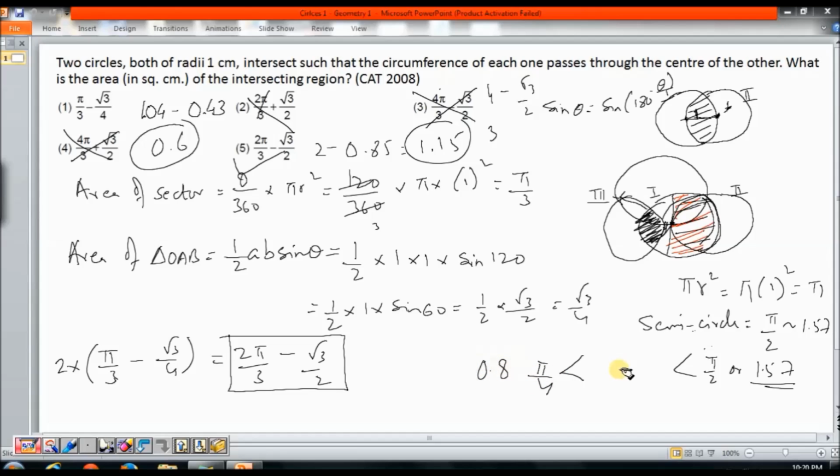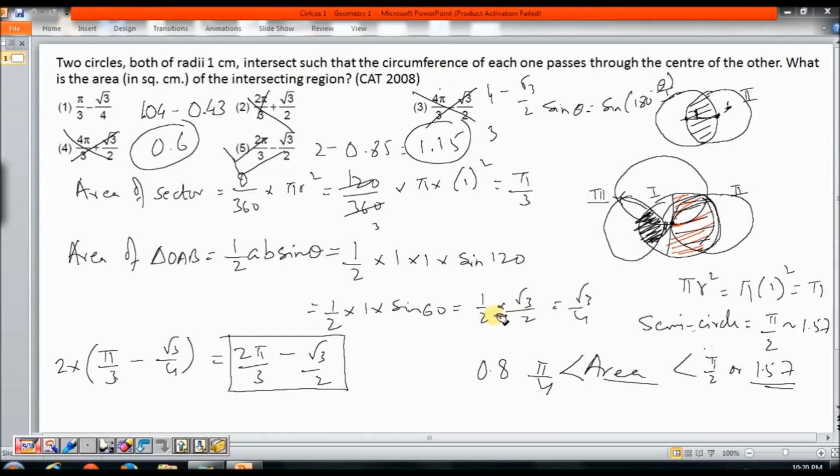So the area that I'm looking for should be between 0.8 and 1.57. 0.6 does not lie between 0.8 and 1.57, but 1.15 does lie. So 1.15 has to be my answer, or fifth option has to be my answer. First one cannot be my answer.